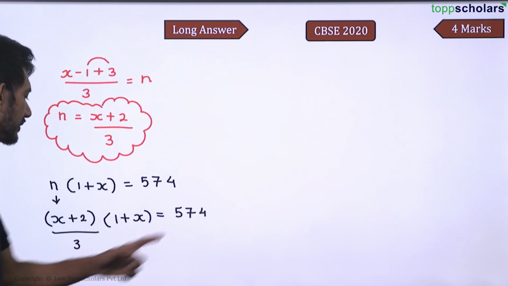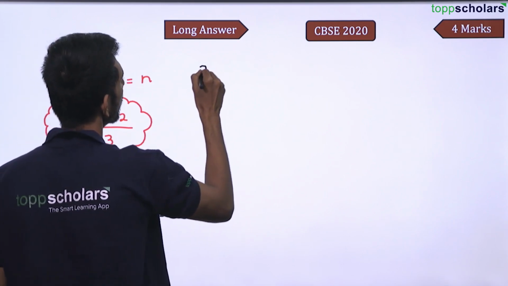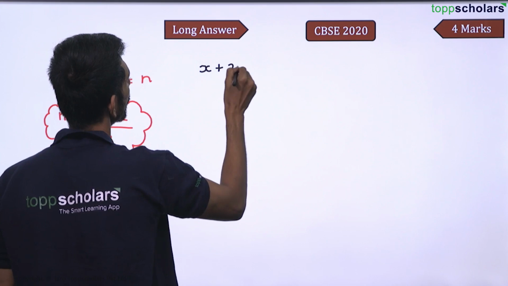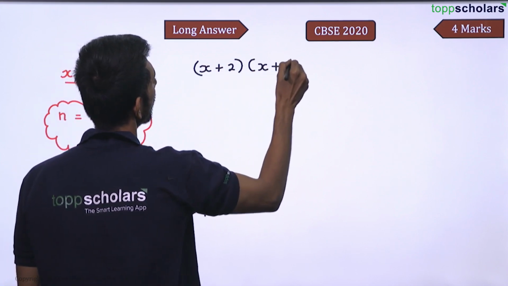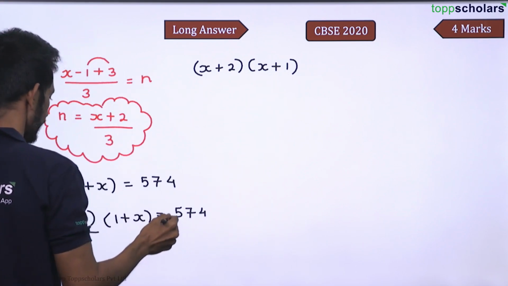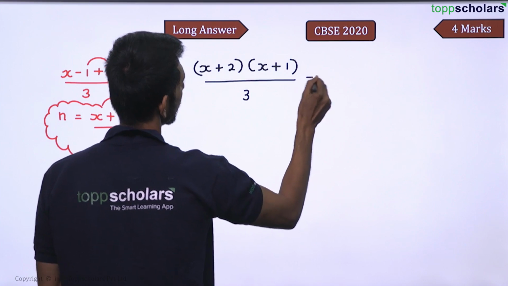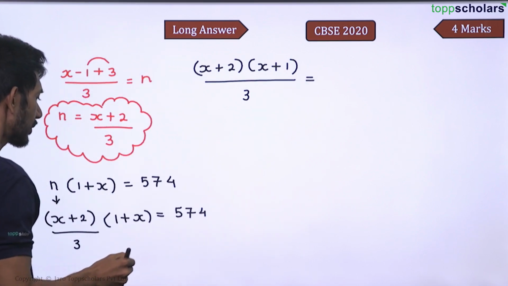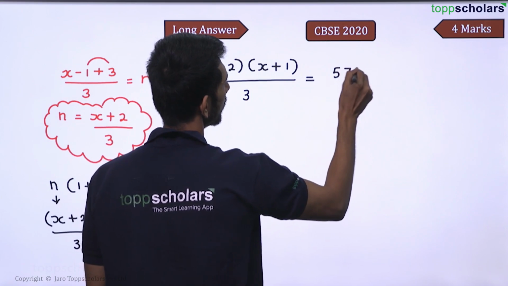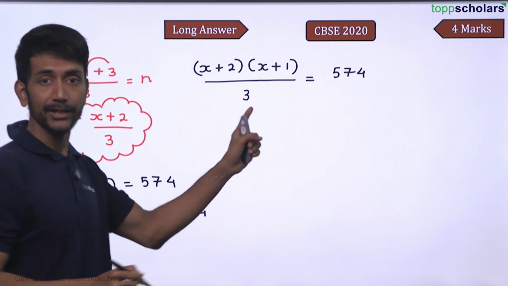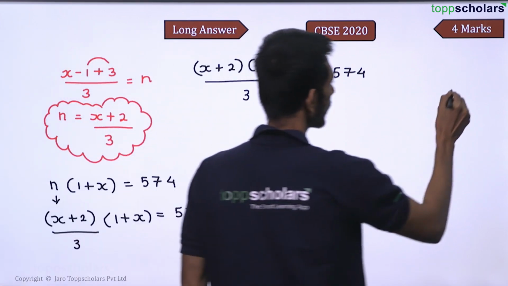You can take 3 on the other side. So you get x plus 2 into x plus 1 by 3 is equal to 574. Now you need to multiply 3 on the other side, right? So let's multiply 574 into 3.